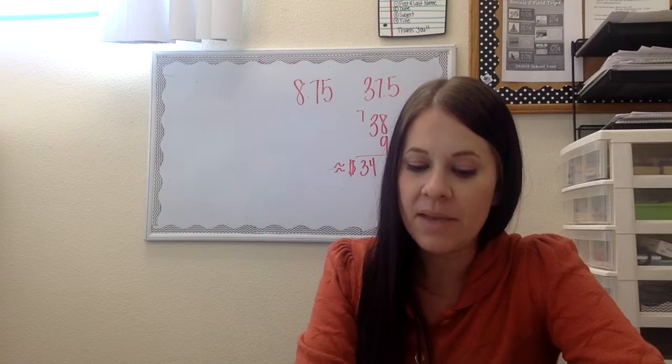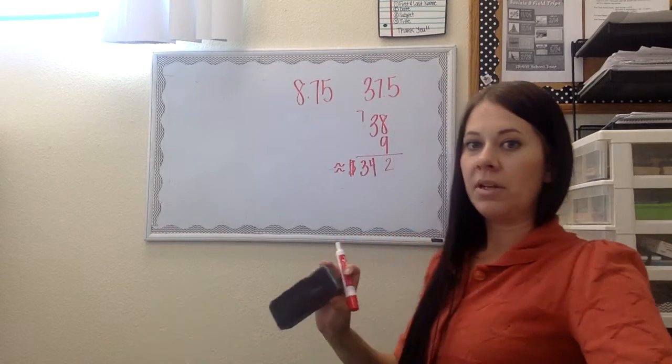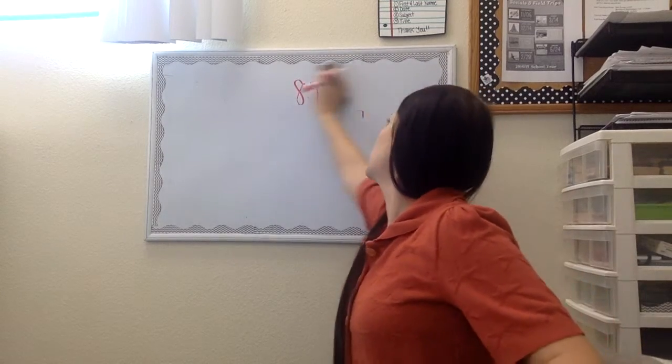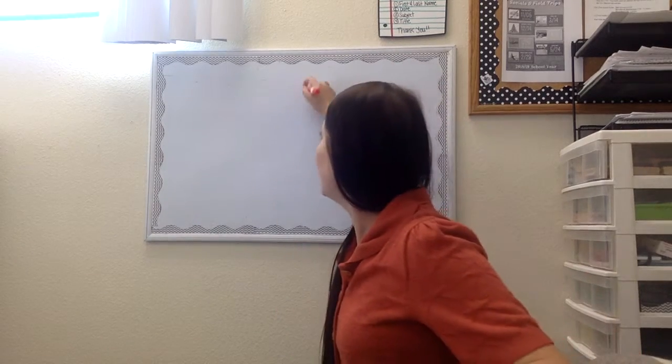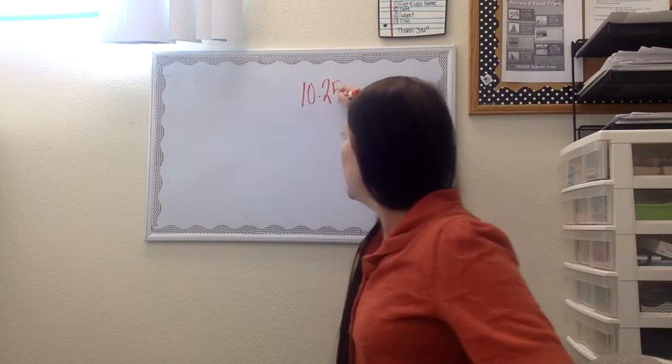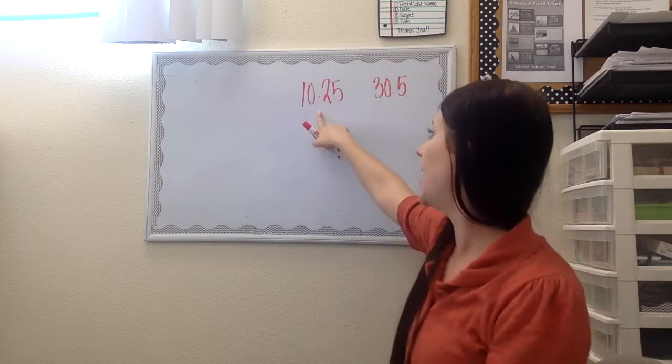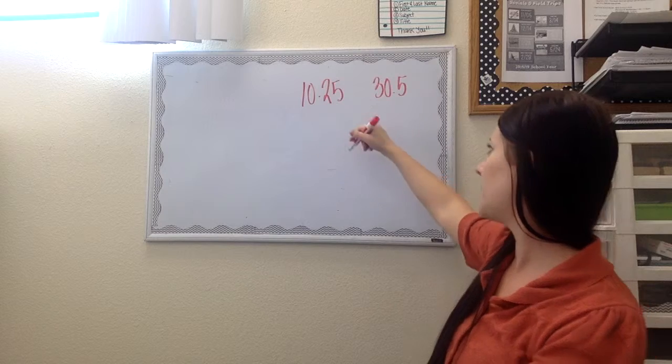Okay, so we're going to do the same thing with Amanda. So if you need to write that down, go ahead and write that down. So Amanda earns $10.25 per hour, and she's working 30.5 hours. So $10.25 per hour tells us we're multiplying.